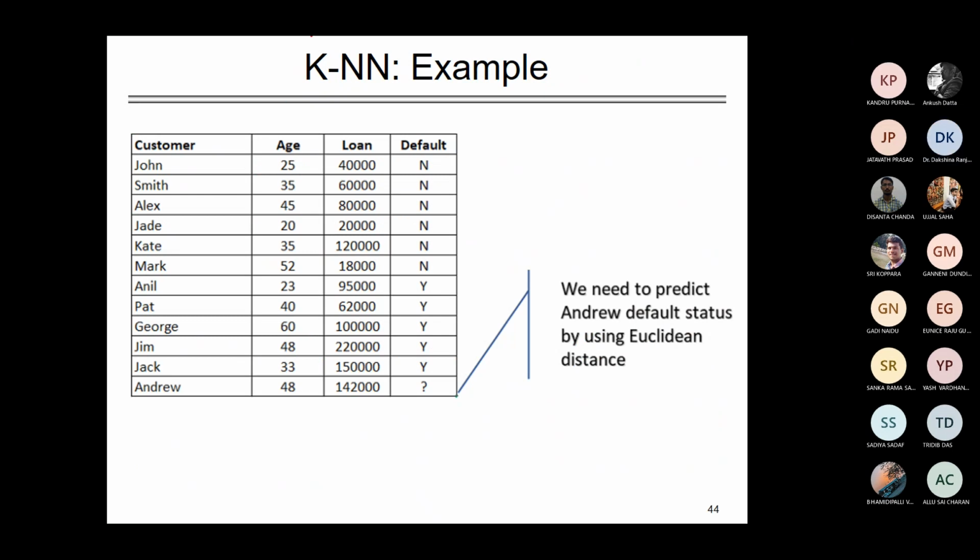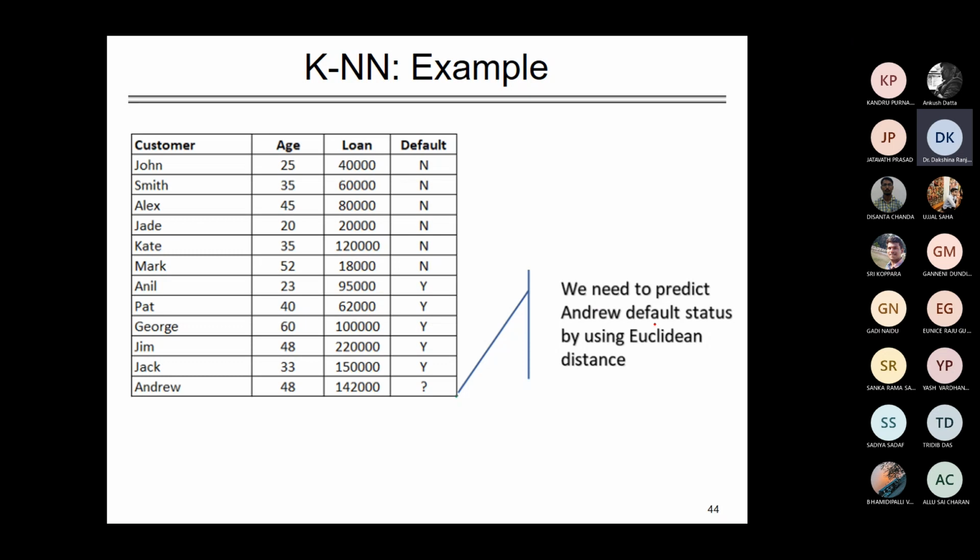Now let us take an example. Here we have been given a data set with two attributes, age and loan. In the first column we can see the names of the customers. In the second column, the ages of the corresponding customers, and then the loan amount taken by individual customers. Here we have two different classes.